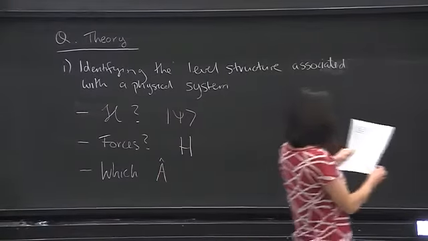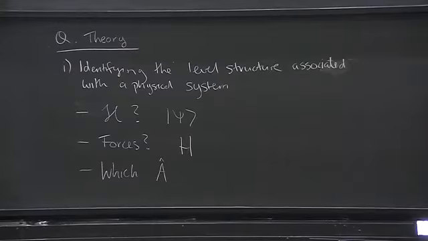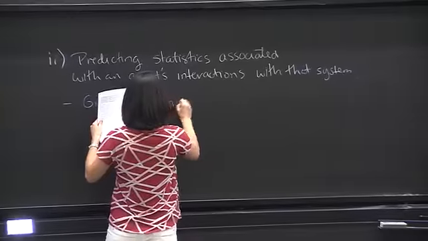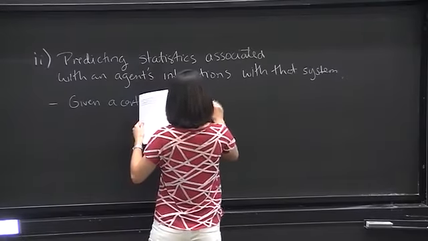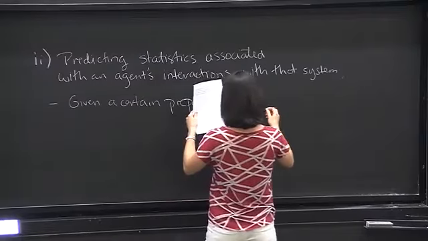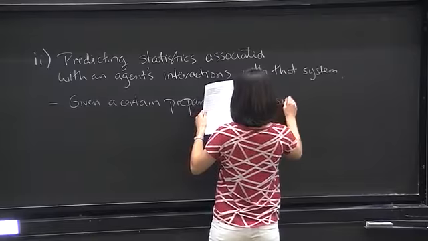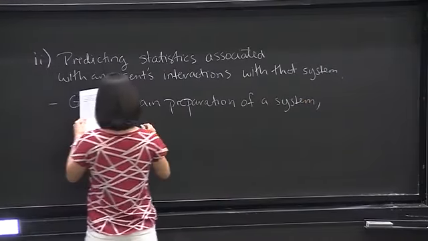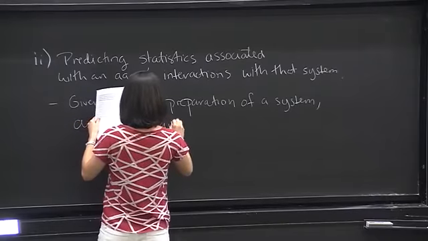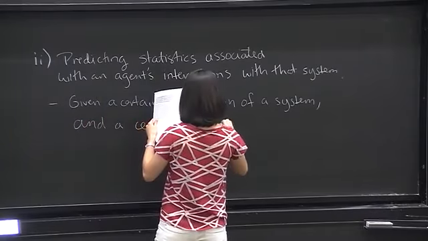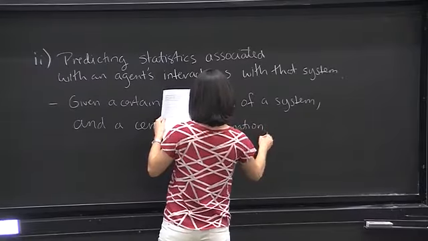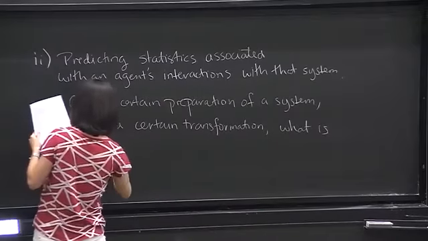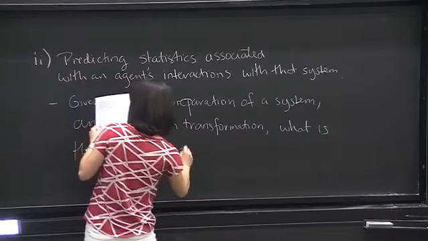So these are all specifics to do with a particular system. And then here, we can have, given a certain preparation of a system, and a certain transformation, what is the probability of getting a certain outcome?